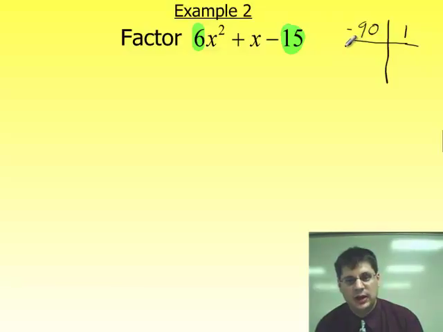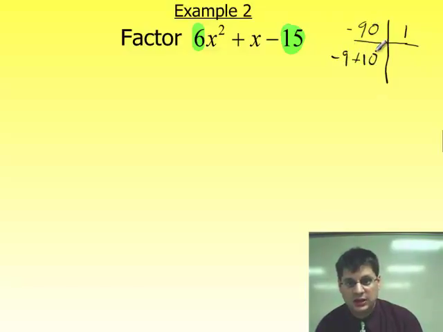So let's see. The minus sign in front of the 15 tells me the signs are different, and the plus sign tells me that the larger number is probably going to be positive. So how about negative 9 and 10?